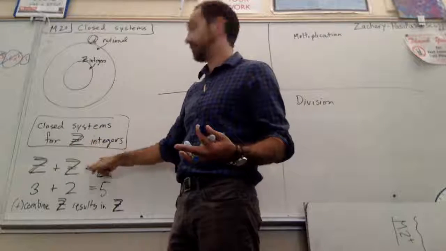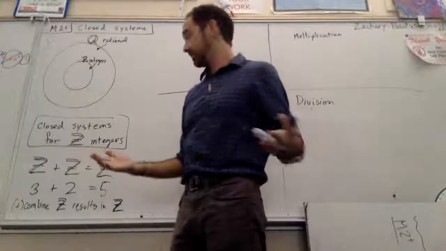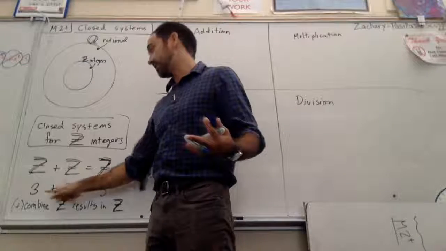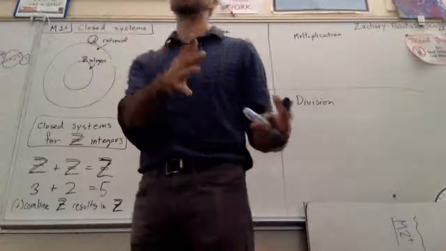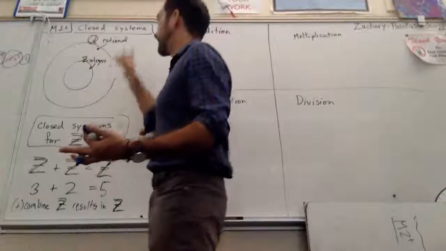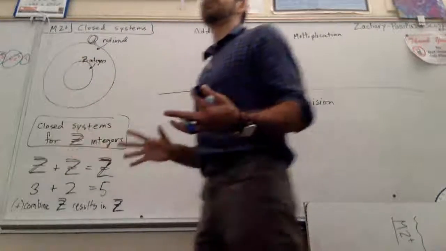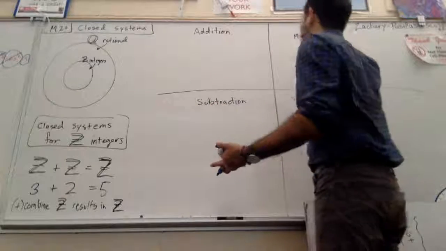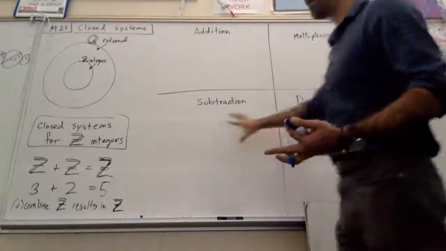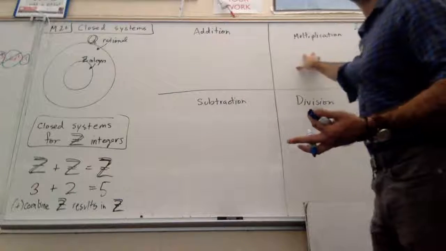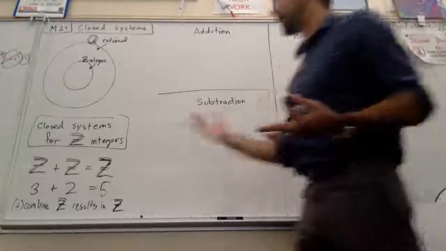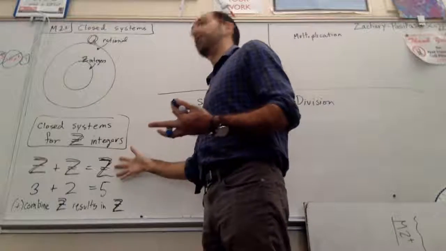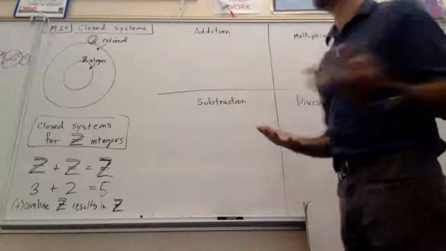Guess what you end up with? An integer. With addition, 3 plus 2, what does that equal? 5. We started with an integer, and we ended with an integer. So for each operation we look at, we check if it's closed for these number systems. You know it's closed if what you start with and what you end with are the same kind of thing.